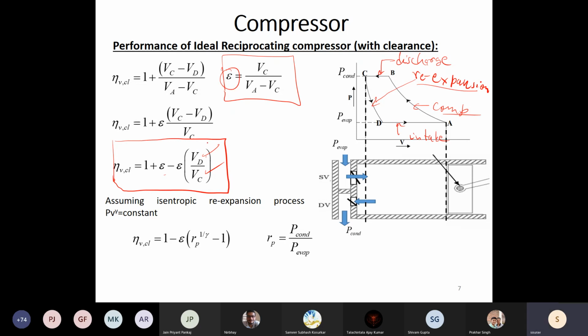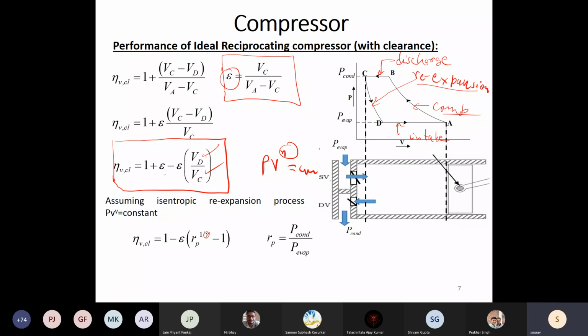Or if you want to be slightly more realistic, you can consider it to be a polytropic process. Here I have given gamma, you can replace the gamma with some n, where PV to the power n is constant. So this n is the polytropic constant.